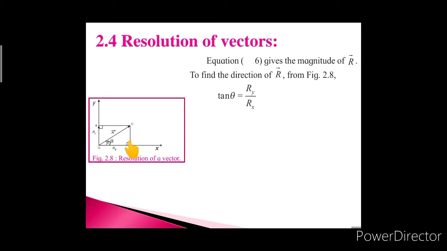So, the opposite is the vector AC whose magnitude is ry and adjacent is vector OA whose magnitude is rx. So, we can write down the value of tan theta as ry upon rx. And finally, we are getting the value of theta by using which we can give the direction of the vector r. And this theta will become as the tan inverse of ry upon rx. Give it equation number 7.